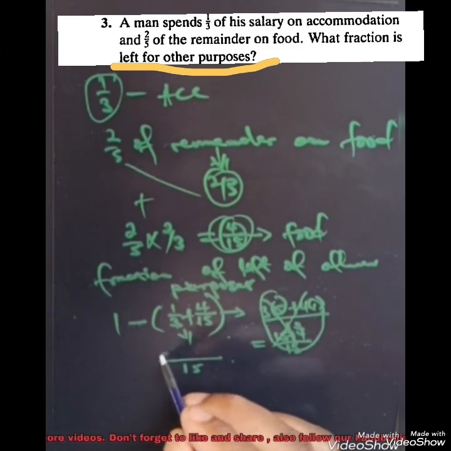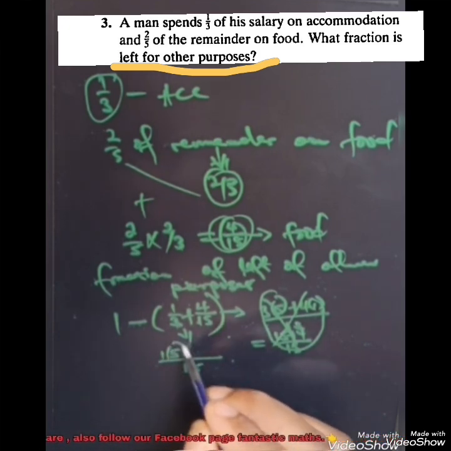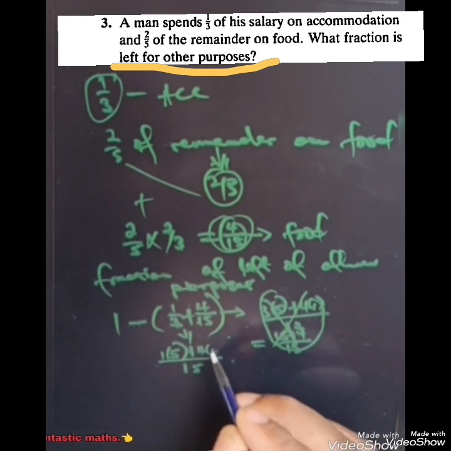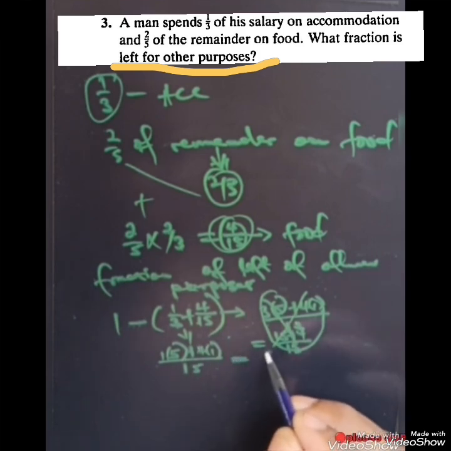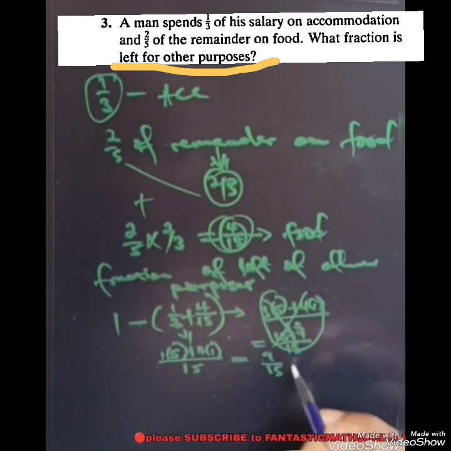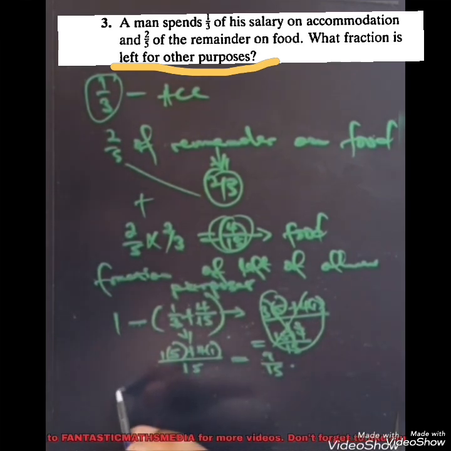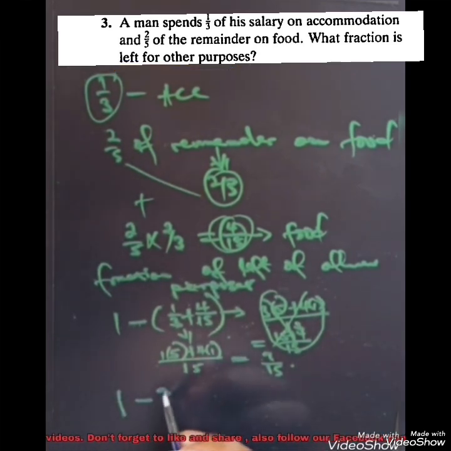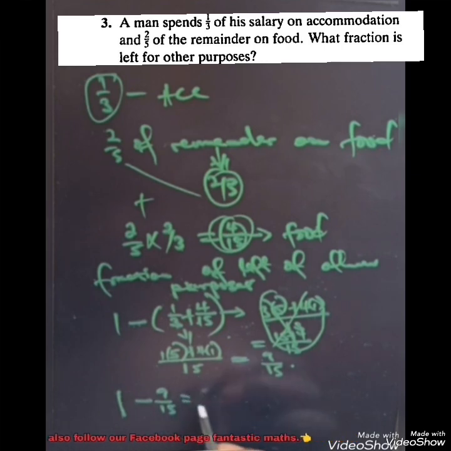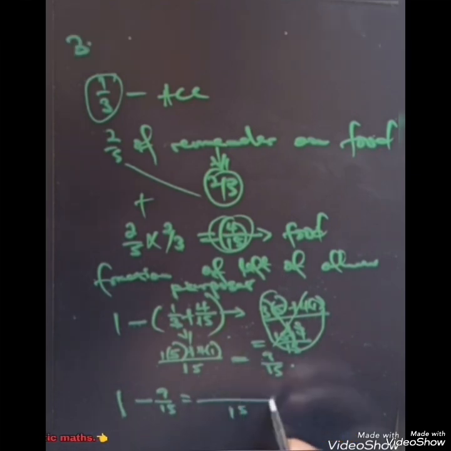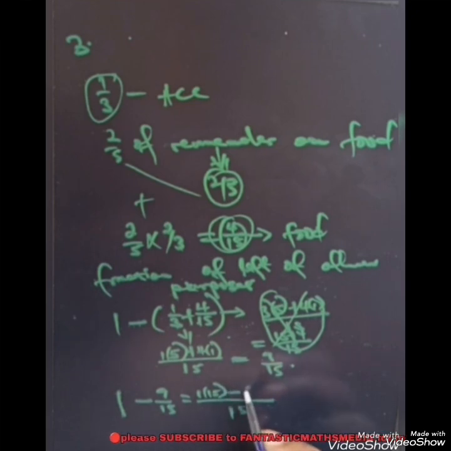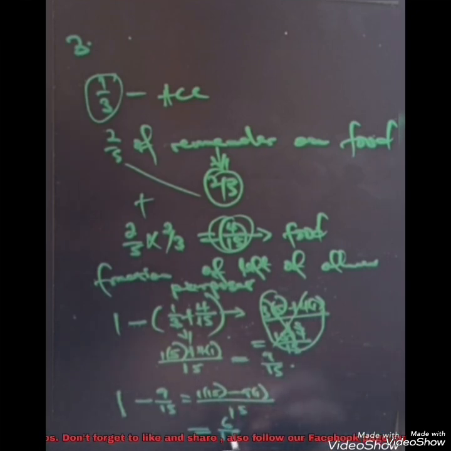Common denominator 15: 5 plus 4. If we add 5 and 4 we get 9, so 9 over 15. Subtract 1 minus 9 over 15: 15 minus 9 is 6 over 15. So 6 over 15 is our final answer.